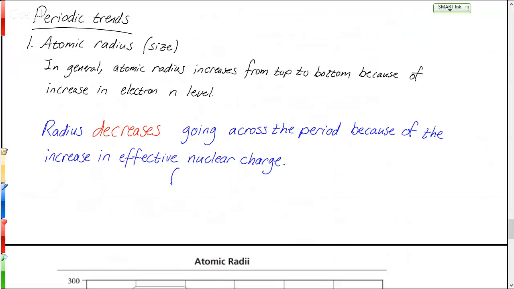We should also note the symbol for effective nuclear charge is Zeff. Z means charge, so it's the effective nuclear charge.